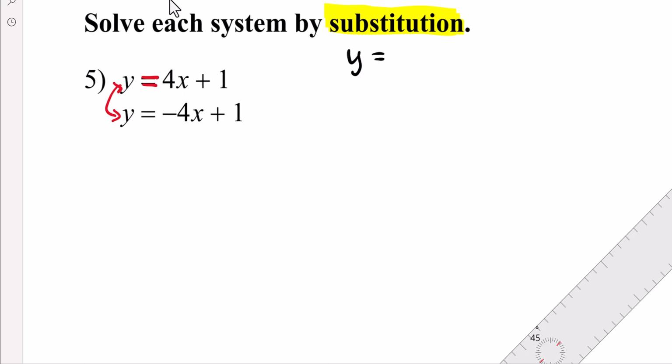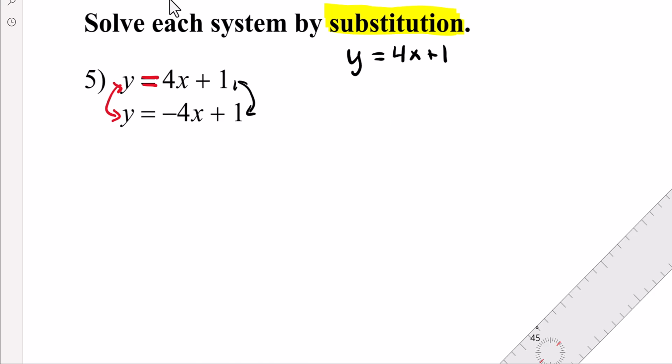If y is equal to 4x plus 1, and if y is also equal to negative 4x plus 1, then negative 4x plus 1 is equal to positive 4x plus 1. These two will equal each other.